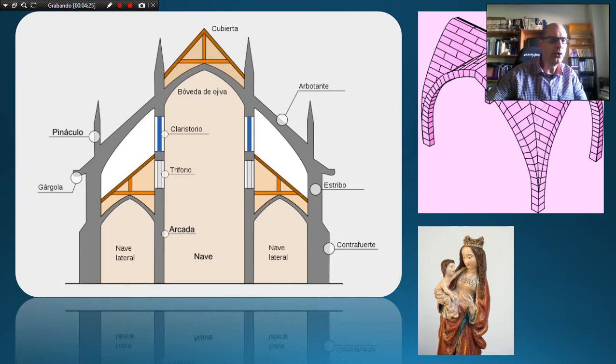It's a Gothic vault. Some people say a rib vault, rib like my ribs. A rib vault is the result of crossing two pointed arches. If I cross two pointed arches and I put all these stones over it, this is the final result. And this is the typical vault that we have in a Gothic church.